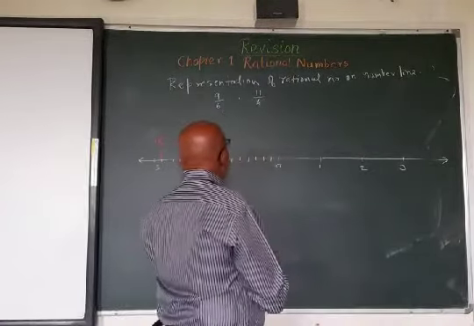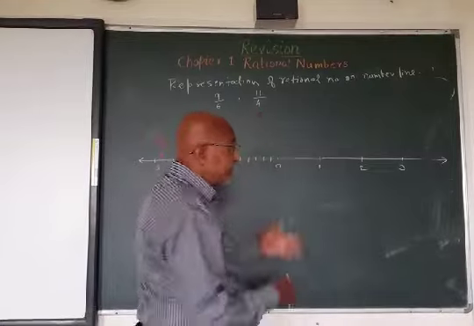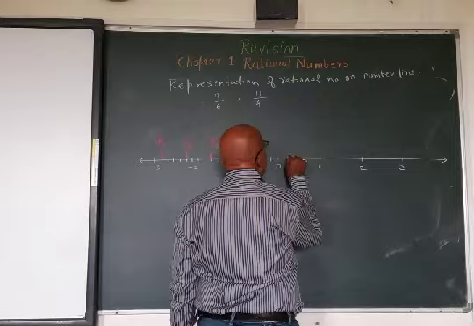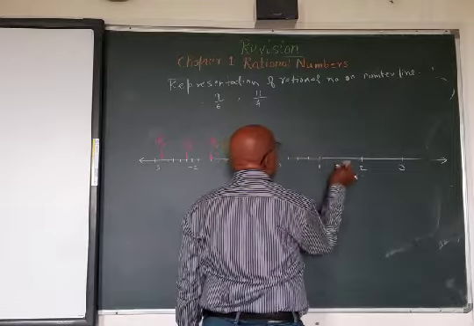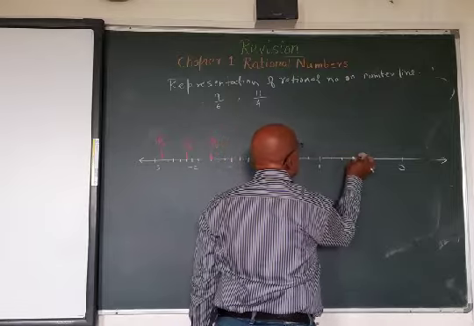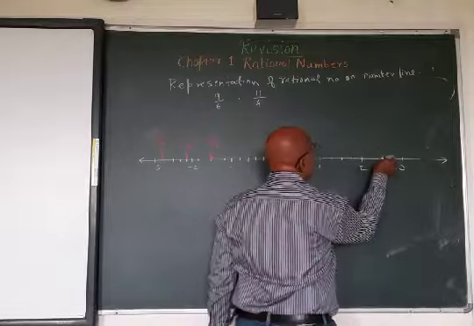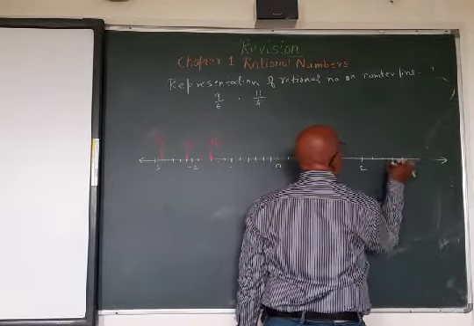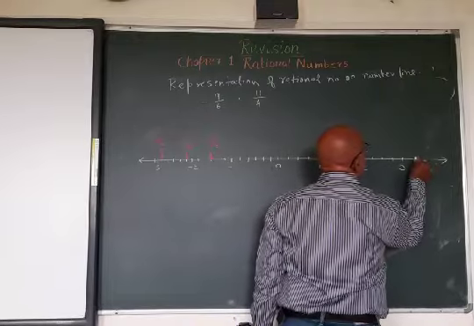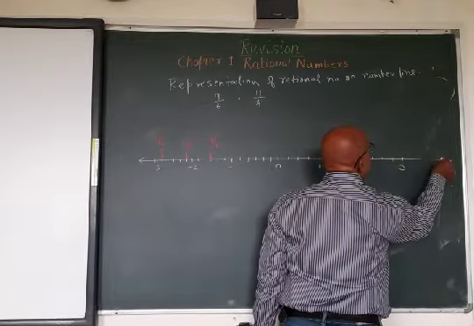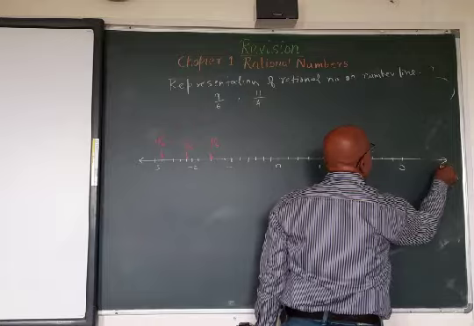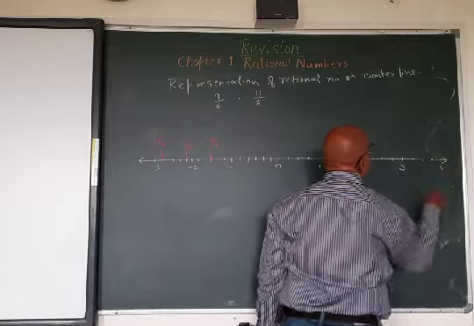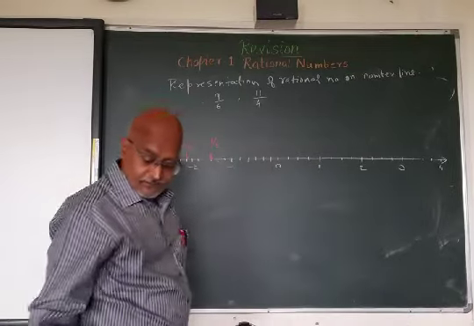Here the denominator is 4. So I have to just divide one unit in 4 equal parts. We have divided in 4 equal parts.